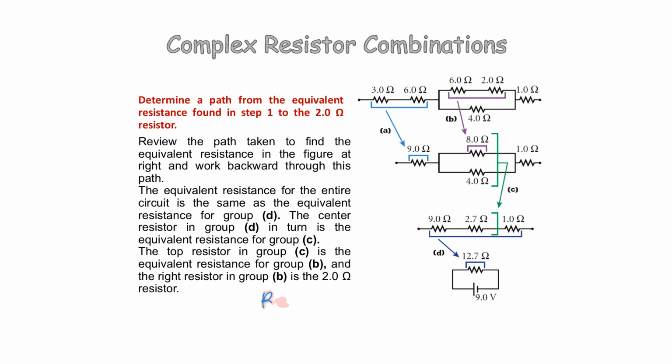Make sure that you use the correct formula: for series, you total everything up, but for parallel you use 1 over R. Once you find the R equivalent, the next thing is to find the I equivalent, which is the value of the current supplied from the potential difference of the power supply. Once you have done that, you open it one by one, the resistors that you calculated before, to find the current and potential difference. That's the way that you need to do it.